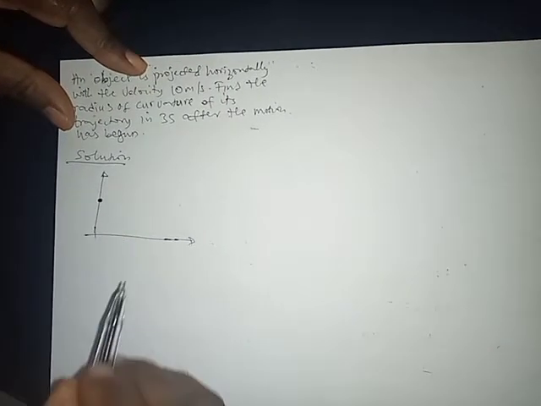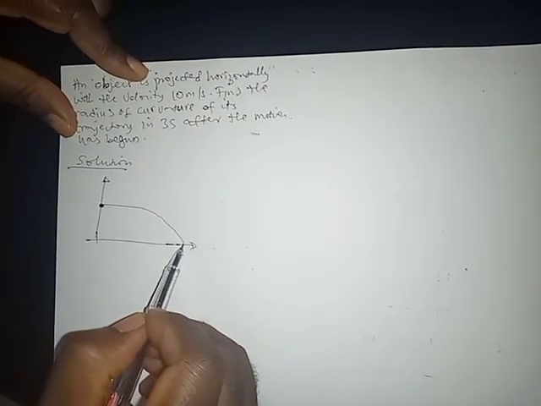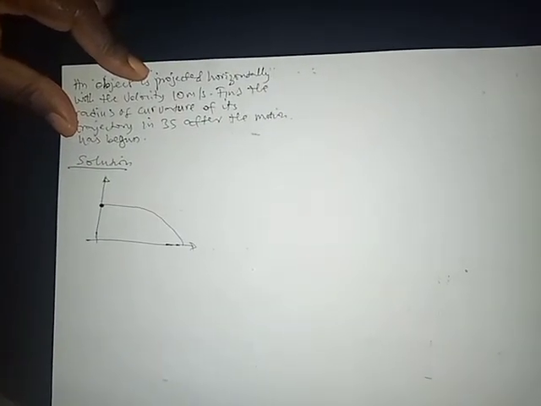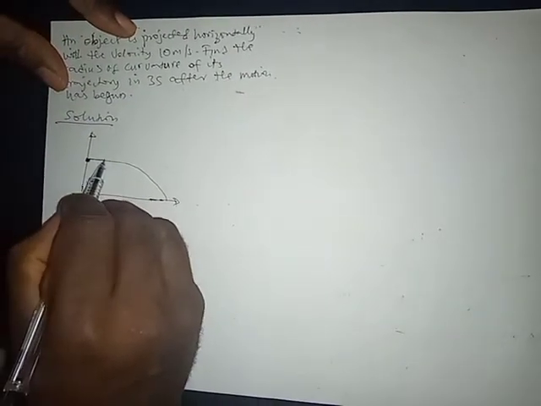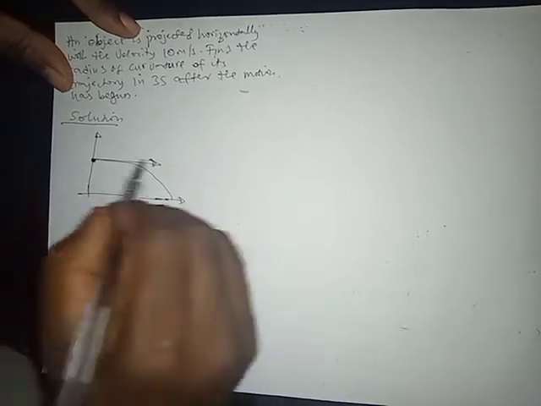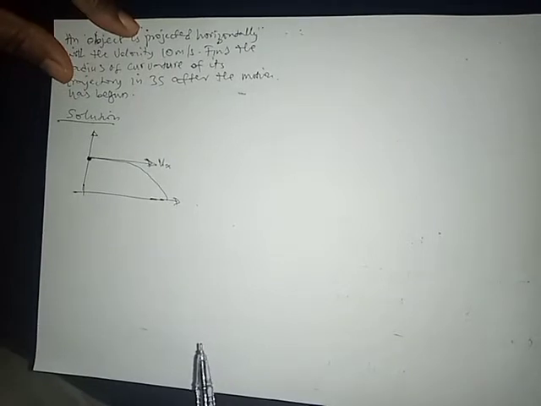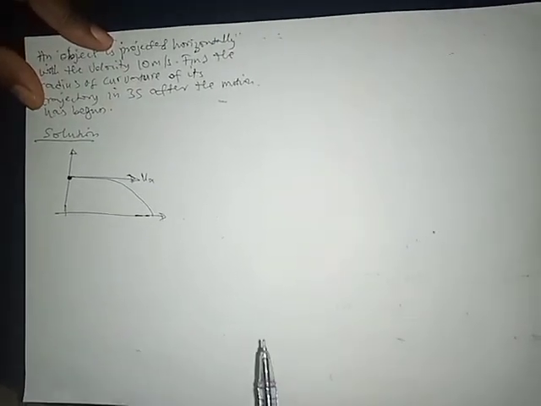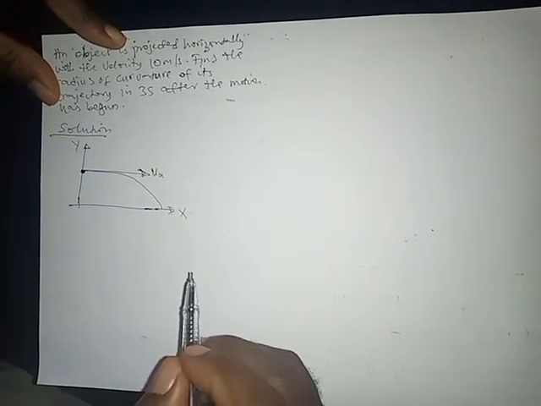Let's say it's from here, so it is projected horizontally, so it goes this way, with an initial velocity vector that is horizontal. That initial velocity vector doesn't have a vertical component. It's projected horizontally. That's the implication there. There's the x-axis, the y-axis.